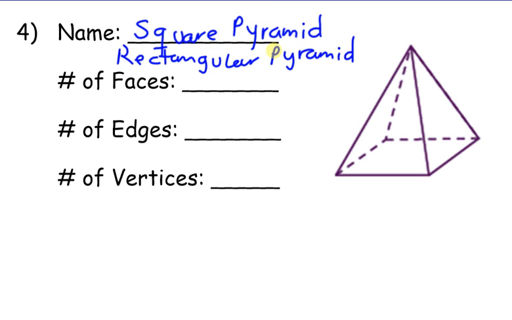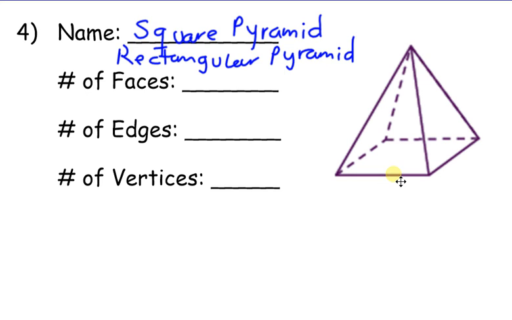Very easy. So first of all, the reason why this is called a pyramid is because the sides of it all come to a point at the top, and they're all triangles. Now, look at the base for a minute, and it's this guy right here is the base. Okay? If the base is a square, it's called a square pyramid. If the base is a rectangle, it's called a rectangle pyramid. Pretty simple.